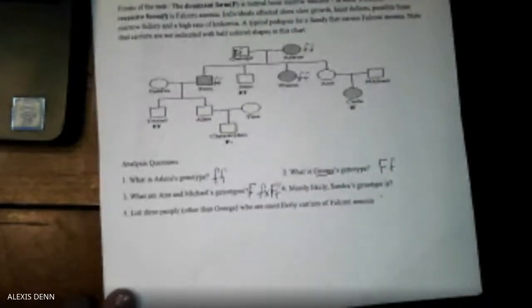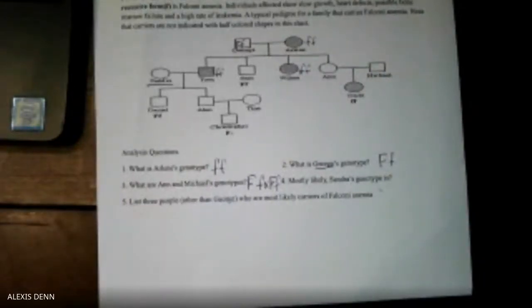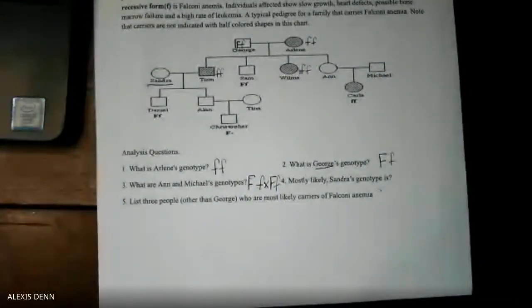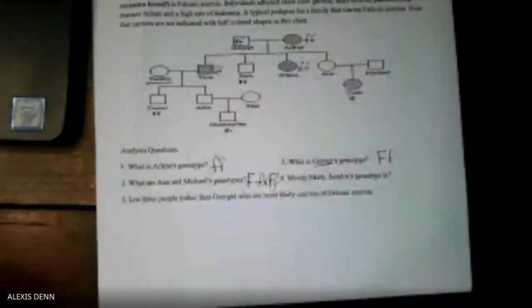Most likely, what Sandra's genotype is. So let's find Sandra. Sandra's Tom's wife. We don't know what her parents had. We don't know anything about her siblings. We just know about Sandra. Tom has this trait.